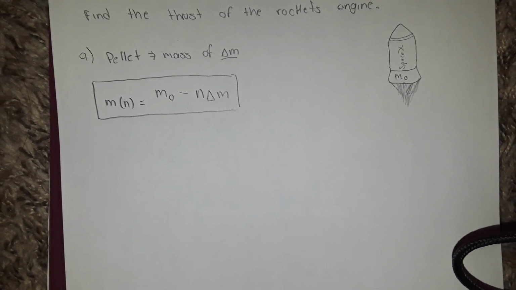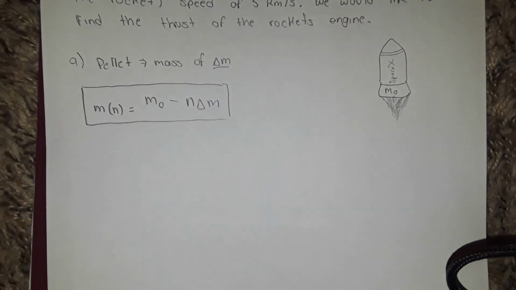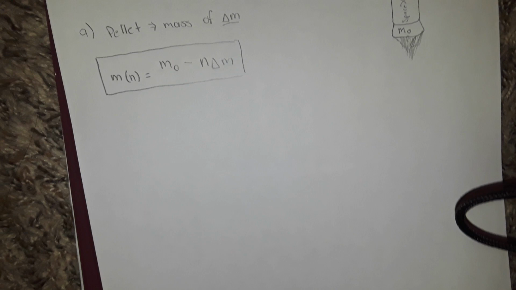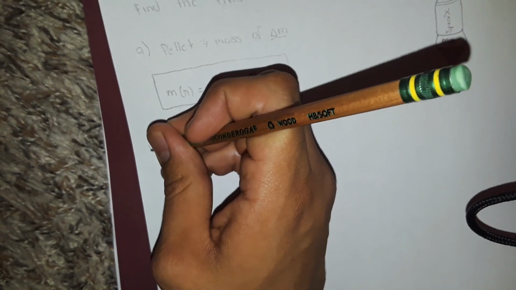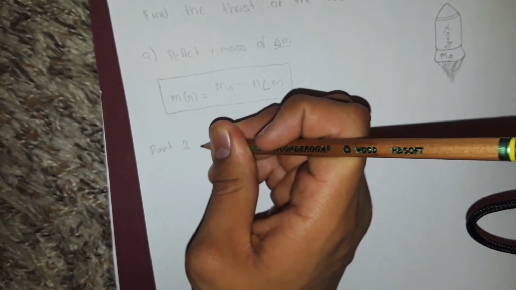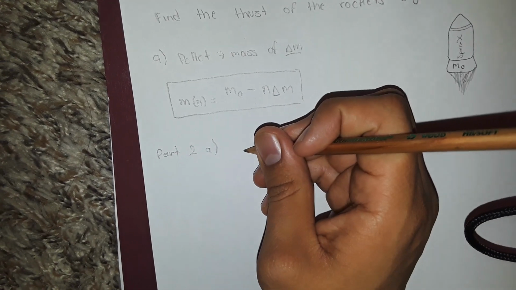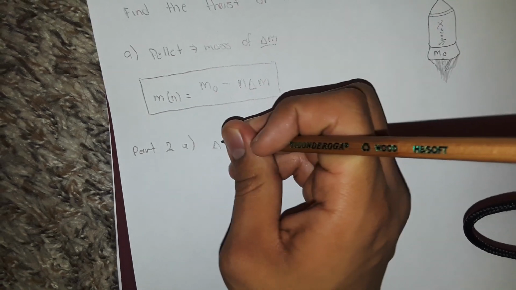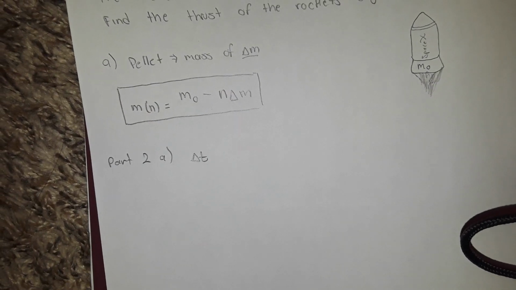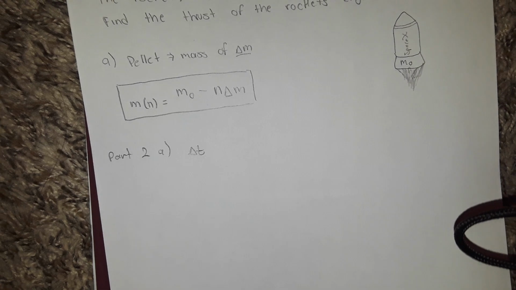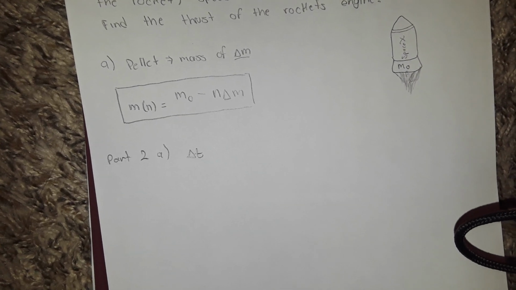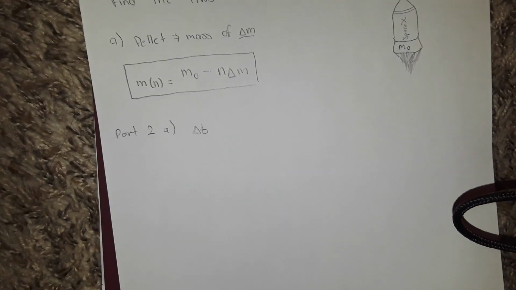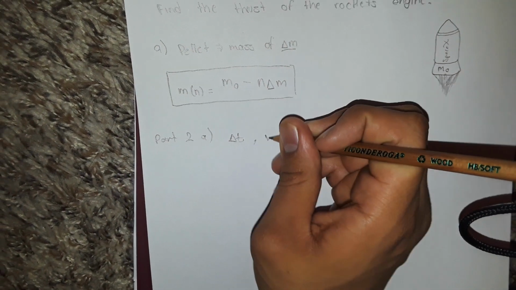Okay, so for part two, it says that it takes a short time t. So I'm gonna put part two, a still. It takes a short amount of time, which is denoted as delta t, to accelerate a pellet at a constant acceleration to the exhaust speed, which is Vx.